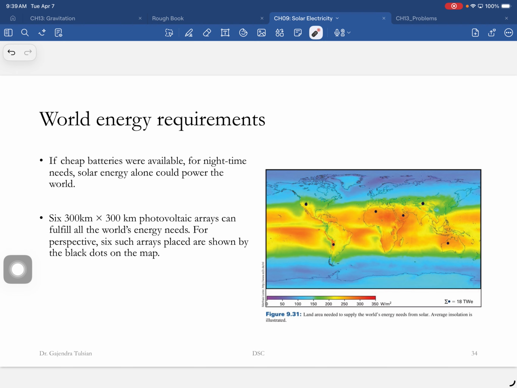That's all you need to do. 300 kilometers by 300 kilometers of photovoltaics. You can think of 300 kilometers as roughly half the size of Florida. Six solar panels like that, and you can run the world.